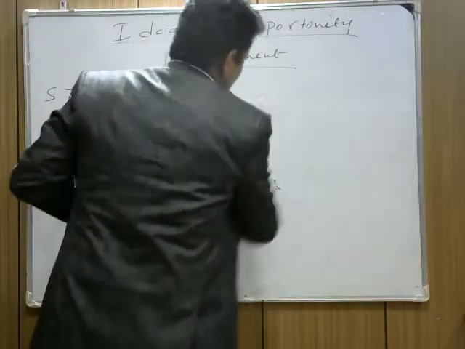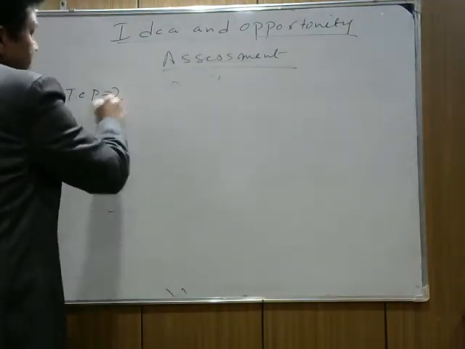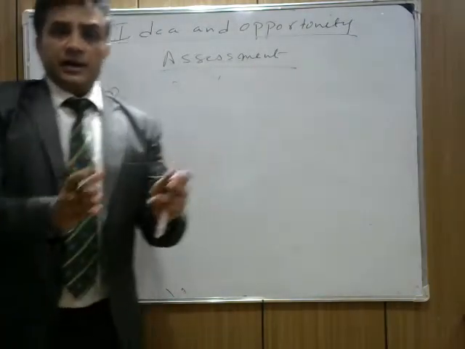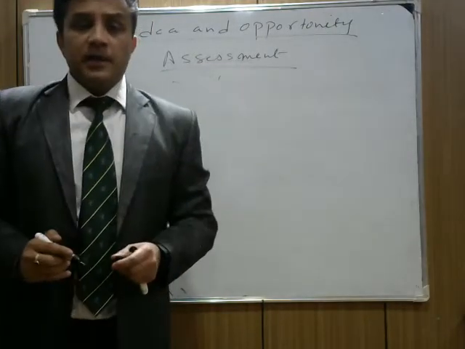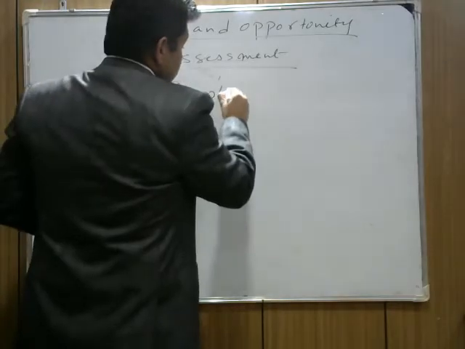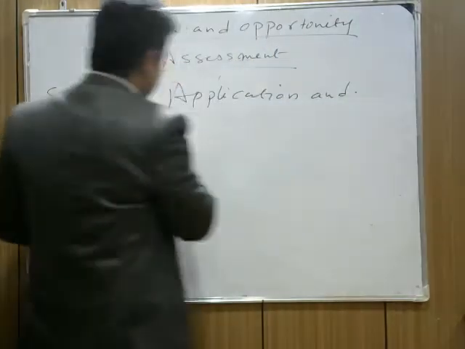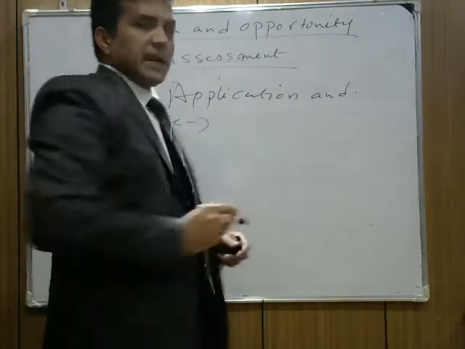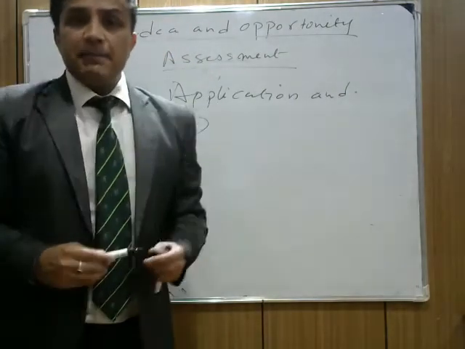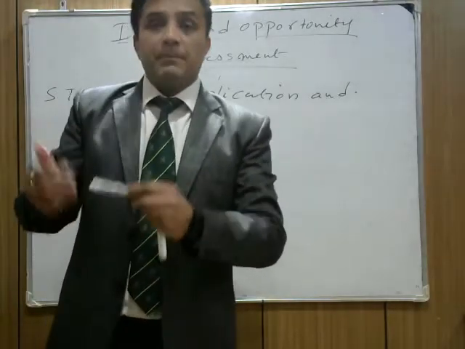What is step 2? Now step 2 in idea and opportunity assessment is application and use. This one is from the customer's point of view. Now what is application and use? Ideas can be examined for their real life use and application.